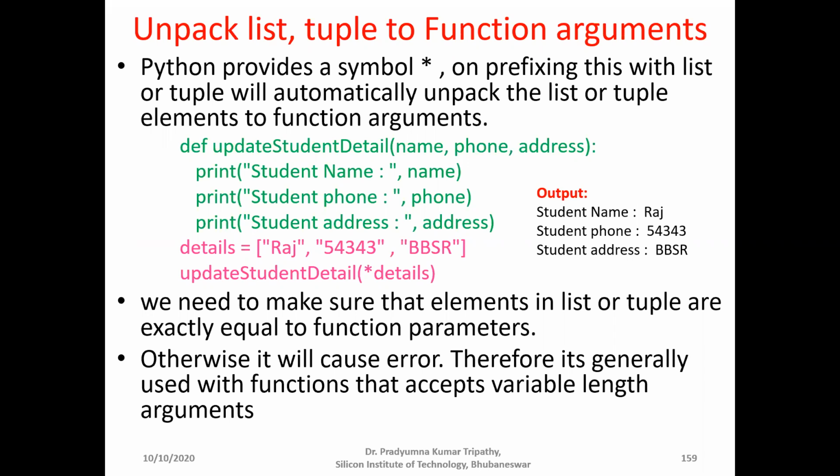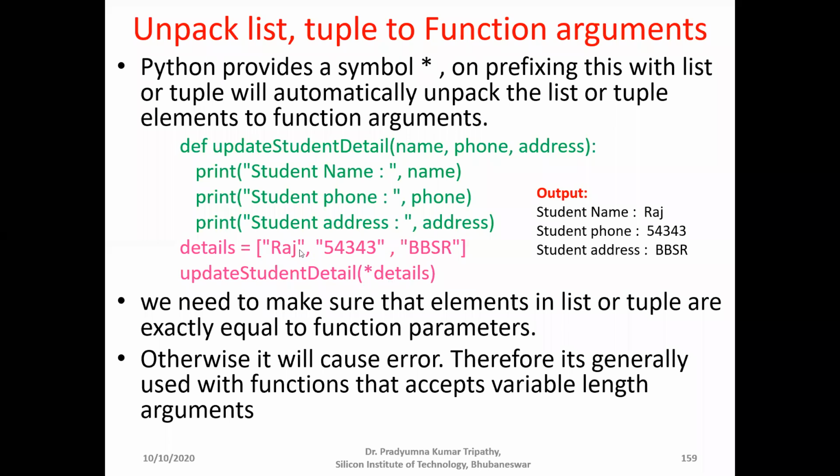So here it unpacks while calling. In the previous example, it was unpacking while receiving. Here it is being unpacked while we are sending it to the function. That can be done. So we pass star details.